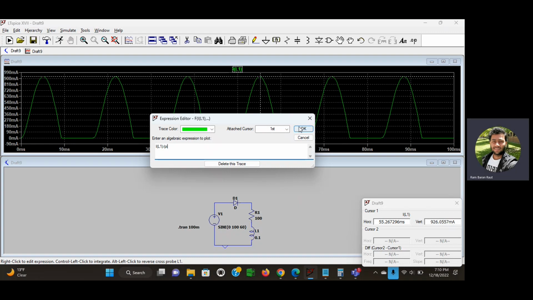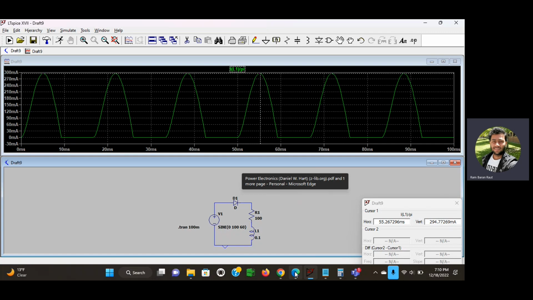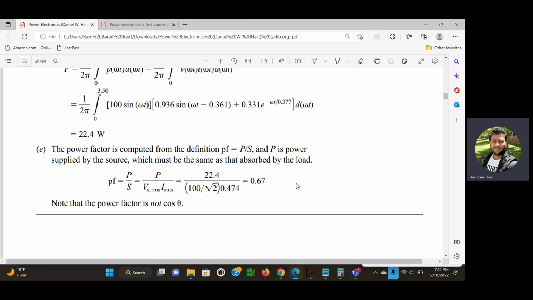Right now we have 0.926 amperes, which is the peak current. Now we divide by pi to get the average current, which is 0.2948 amperes.